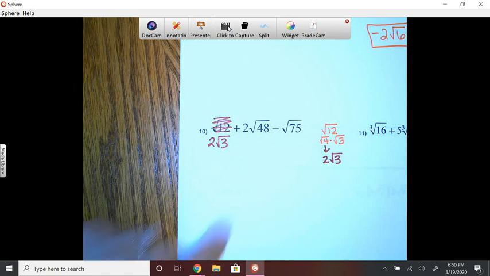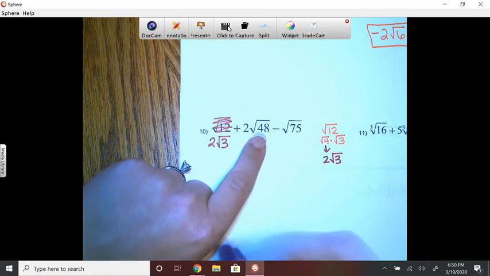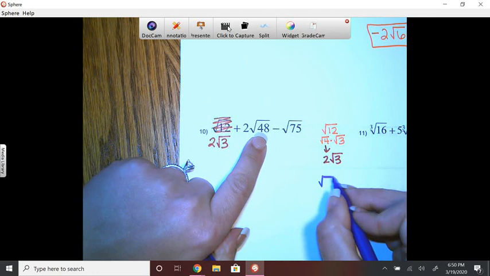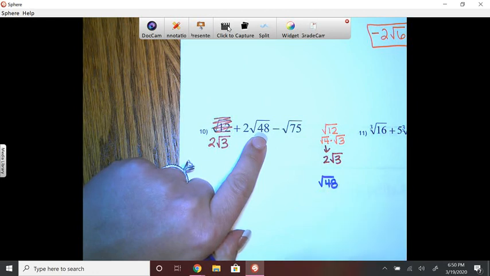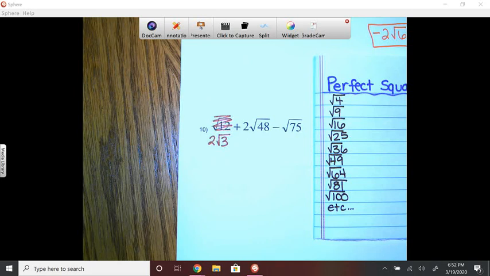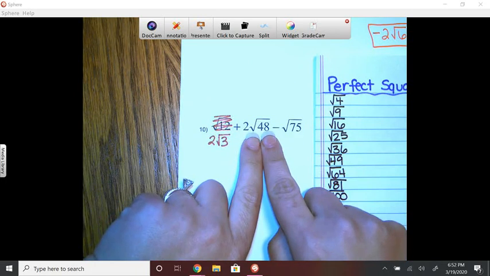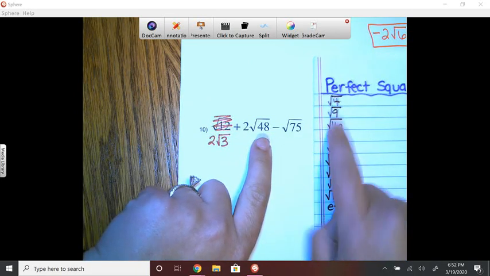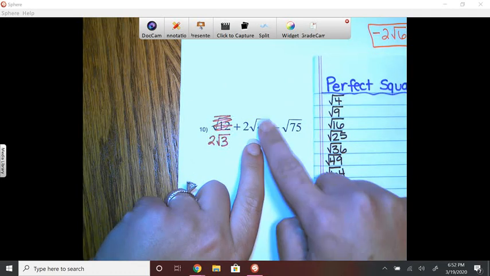Okay, so now we're going to do that with the square root of 48. With the square root of 48, I know that 4 goes into it and 16, so this can be simplified.